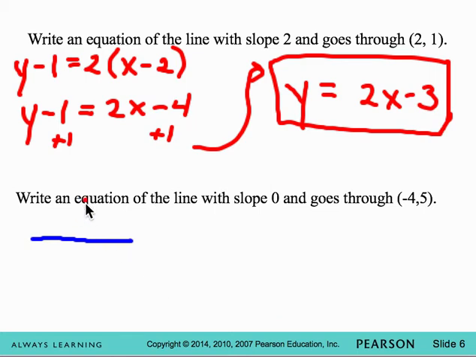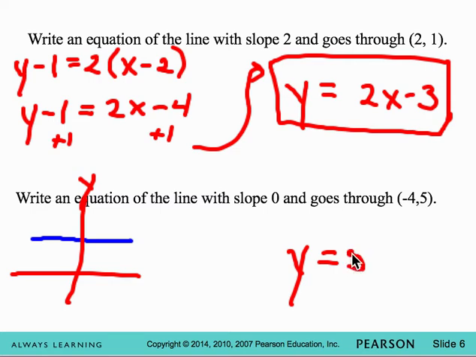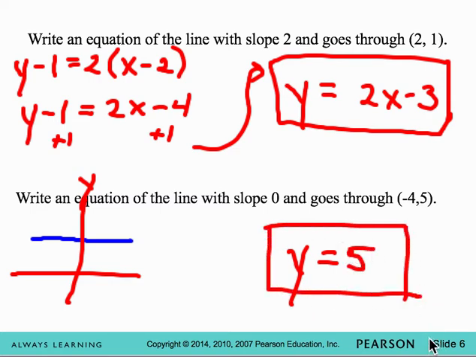It's not sloping at all. That means the equation is y equals whatever the y number is. Don't forget about those special lines, equations, graphs, slopes.